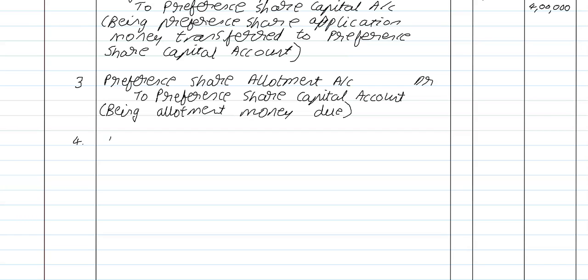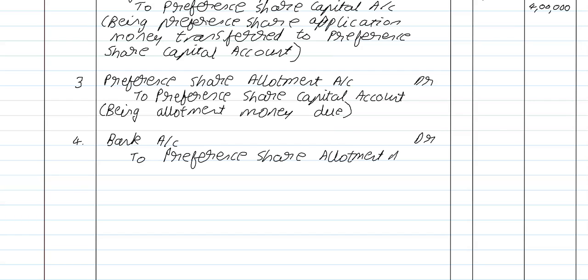Next entry, we receive the money, so it's going to be bank account debit to preference share allotment account, being allotment money received.